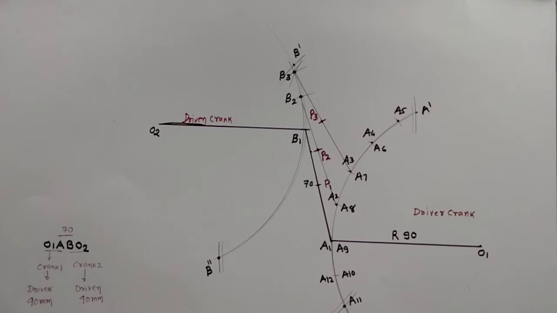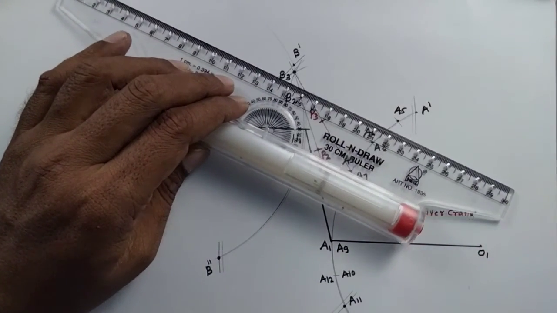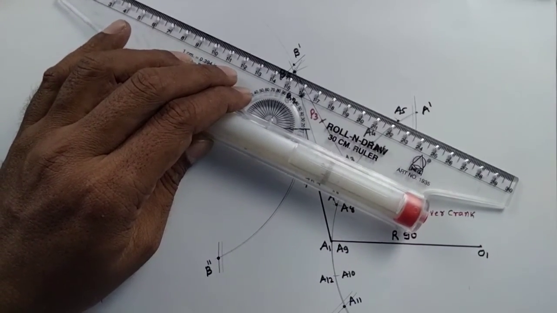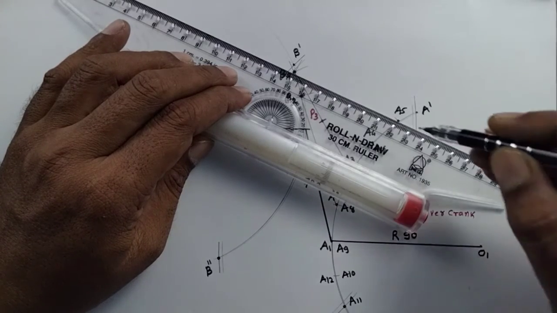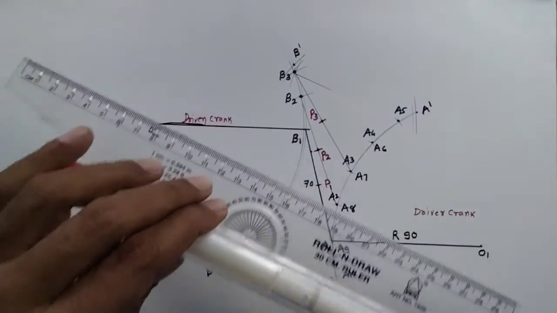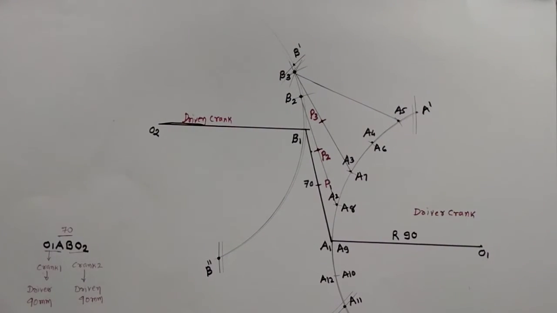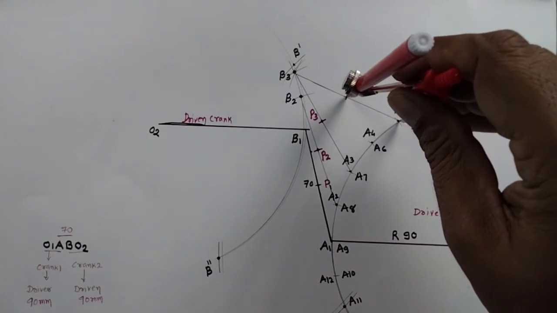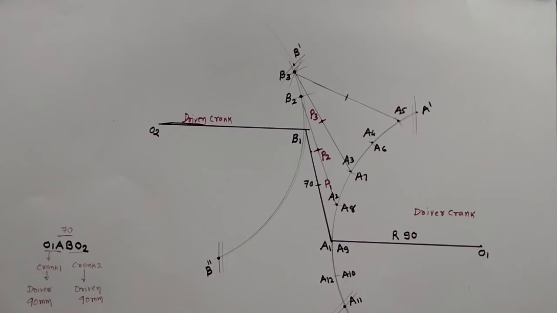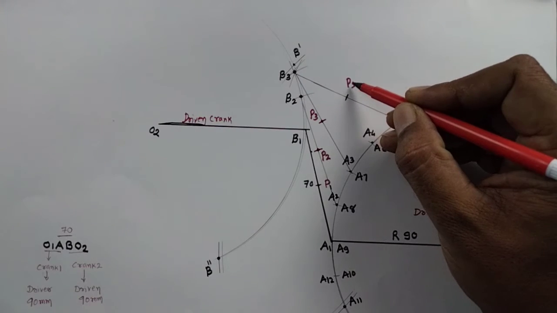So I join my A5, B5 points with a light line. A5 center, I draw the arc. This is our P5 point.